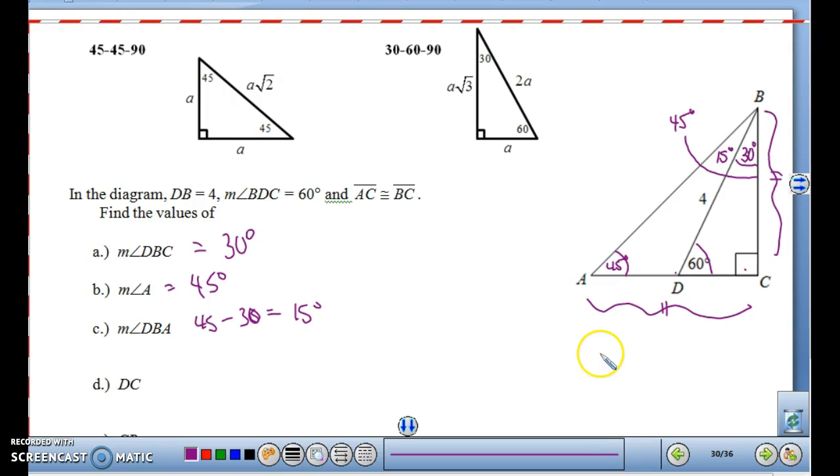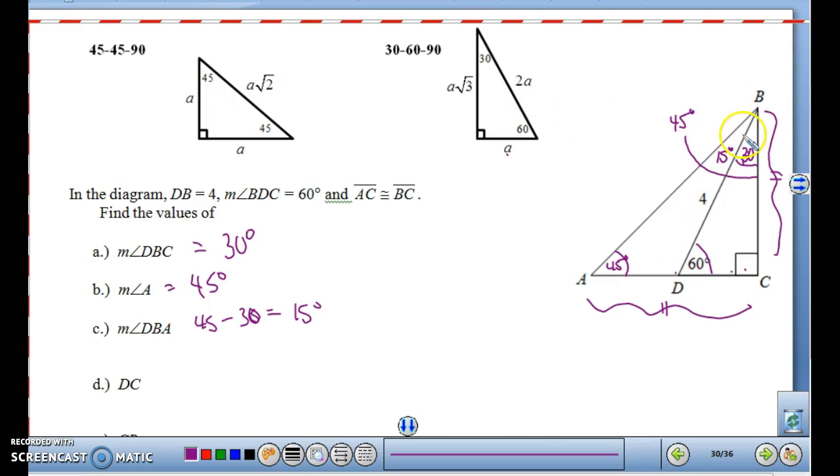Now I have my values for my angles. So now I know I have two triangles, a 30-60-90 right triangle, and I actually have a 45-45 right triangle. Look at the whole thing. So knowing that, let's look at DC. DC is part of this triangle, and DC is across from the 30-degree angle. So if we go back up here, here's the 30-degree angle, and it's equal to half the hypotenuse.